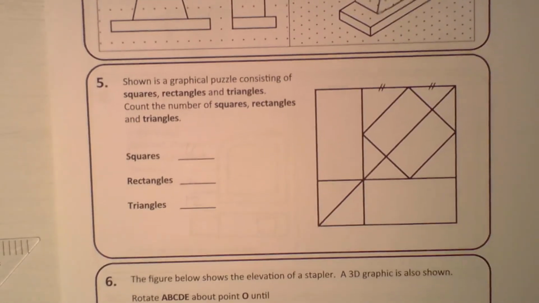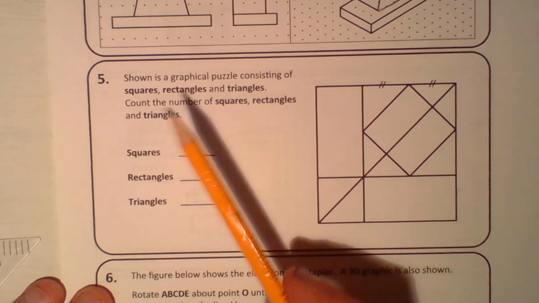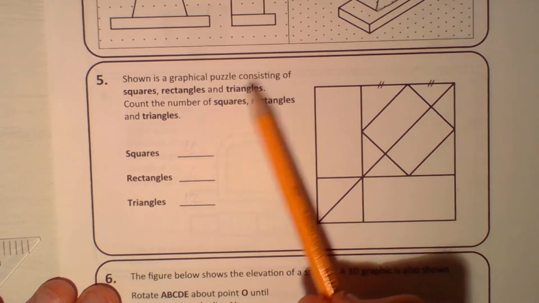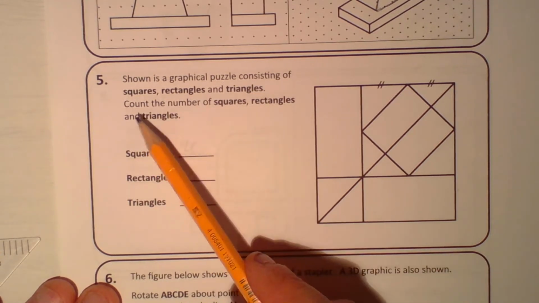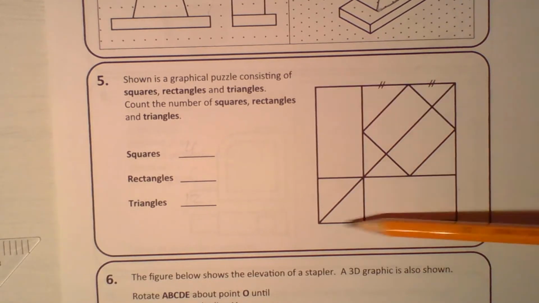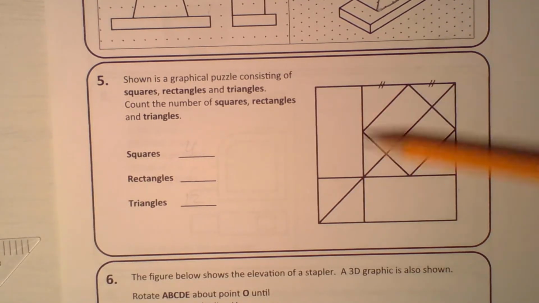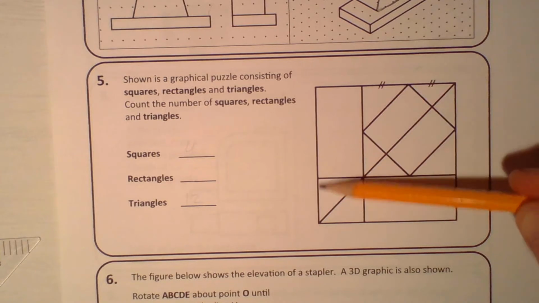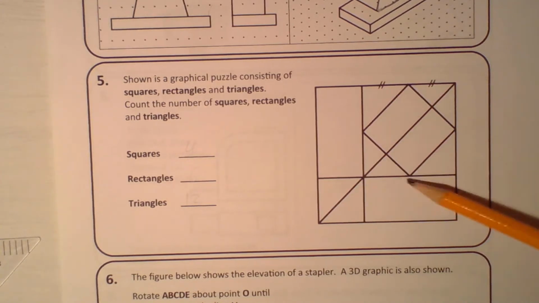Question 5. Shown is a graphical puzzle consisting of squares, rectangles and triangles. Count the number of squares, rectangles and triangles. How many squares are there? Overall, 1, 2, 3 and 4.